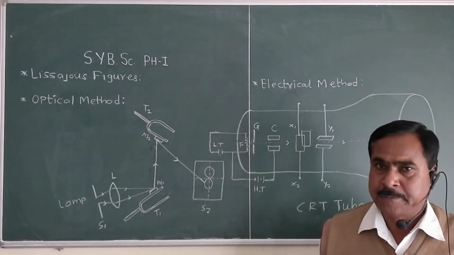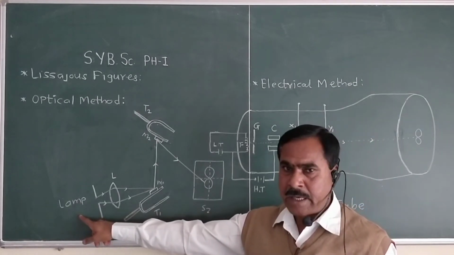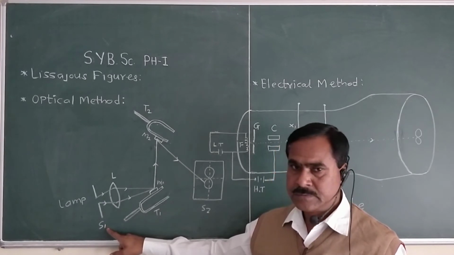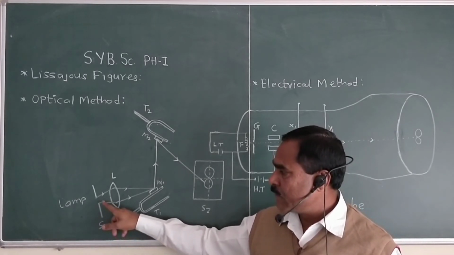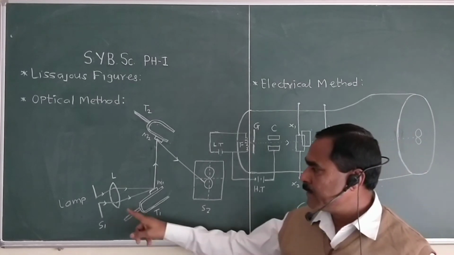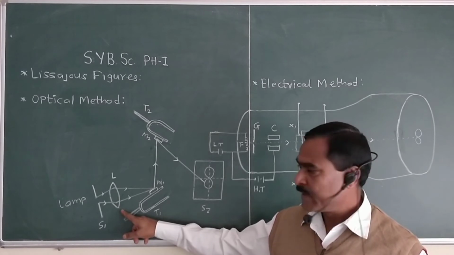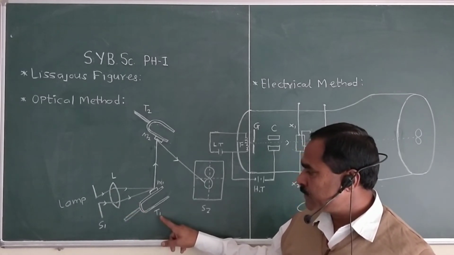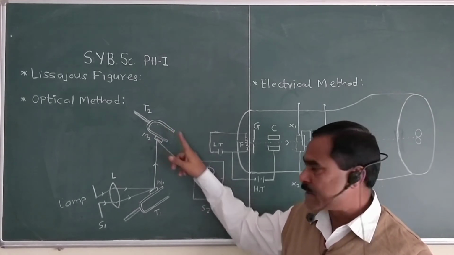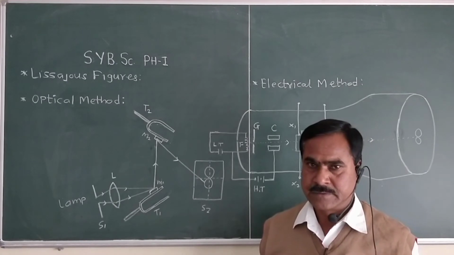This optical method consists of a source, that is the lamp, then a slit S1. The slit has a hole at the middle. Next is the convex lens L. Then tuning fork T1, then T2, and the last one is the screen on which the figures are traced.